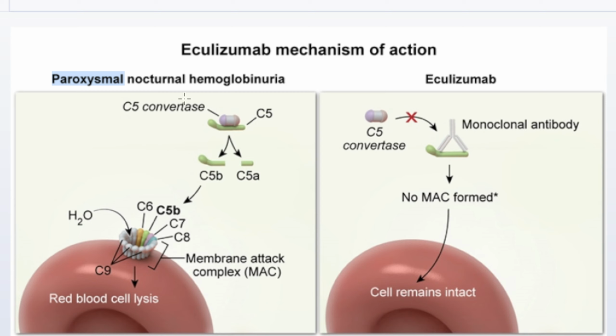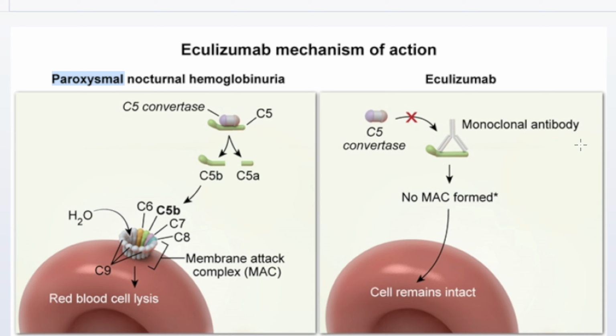Usually in paroxysmal nocturnal hemoglobinuria, the C5 convertase converts C5 into C5b and C5a, and this gets into the whole process to form the membrane attack complex. So if you take this medication, you're going to block the conversion of C5 into C5a and C5b, so the MAC, membrane attack complex, won't be formed. You can see it here on the graphic.